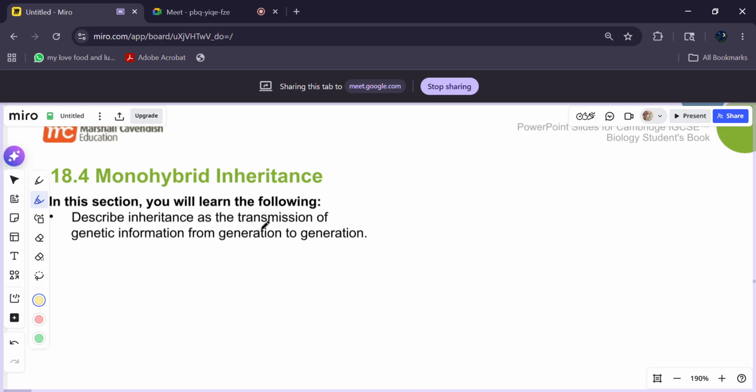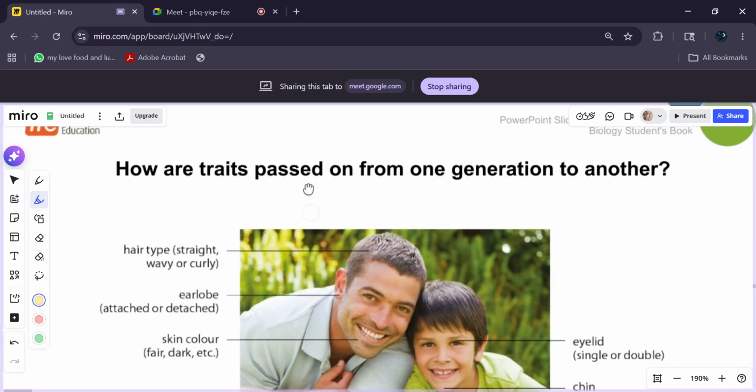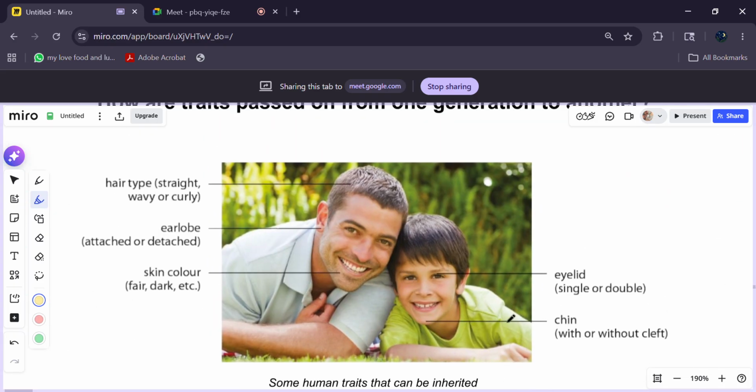So in this section, we'll describe inheritance as the transmission of genetic information from generation to generation. So how are traits passed on from one generation to another? As you can see in this picture, some human traits can be inherited.